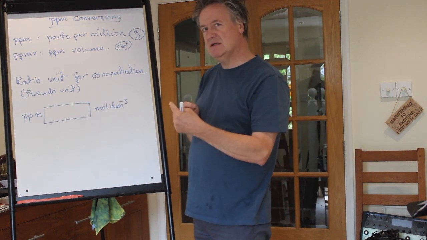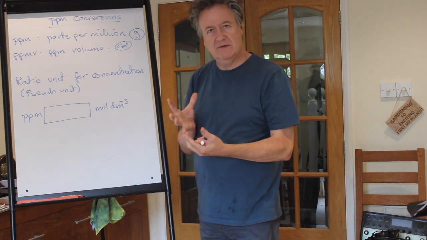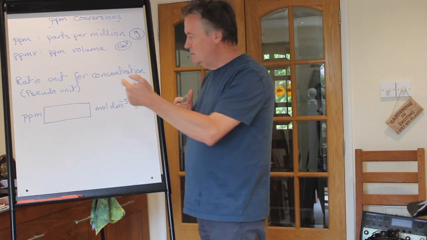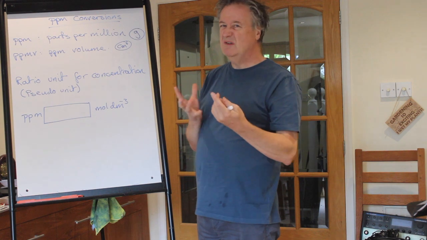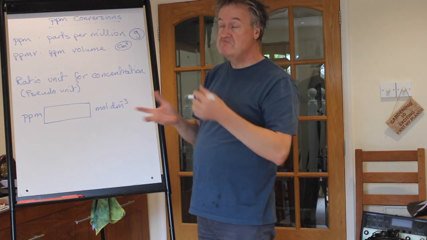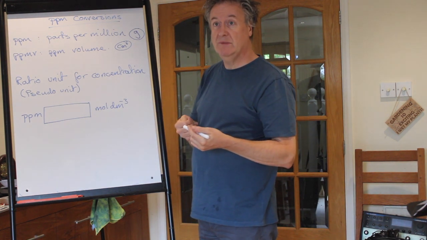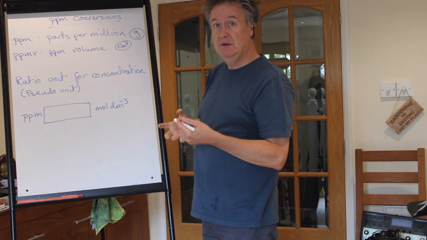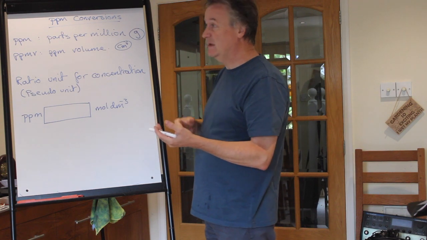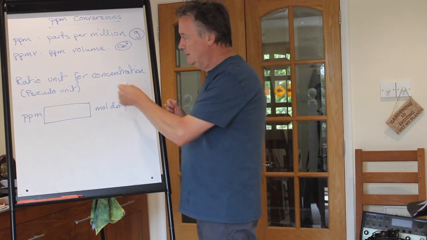Real units are SI units, standard international units. Pseudo unit because it's not one of the SI units. Doesn't stop it being used. It's the same sort of thing as people still talking about pounds of stuff in weight, when in reality that's not correct. Weight is obviously a force.